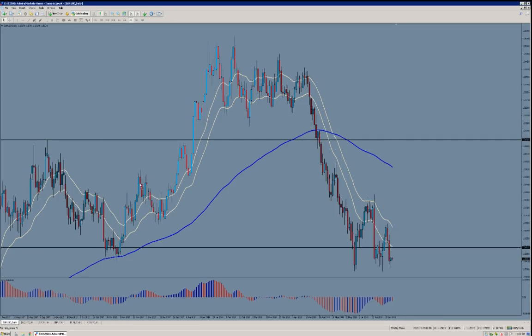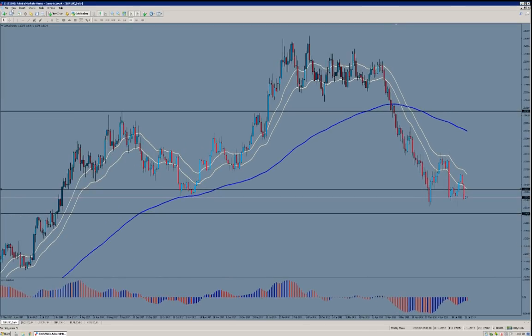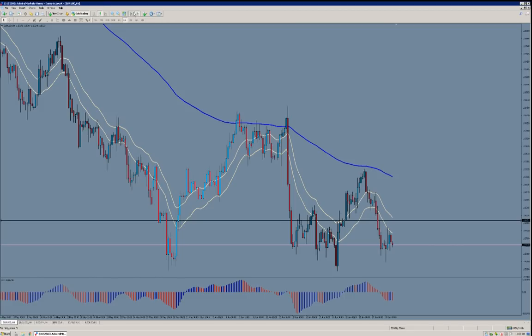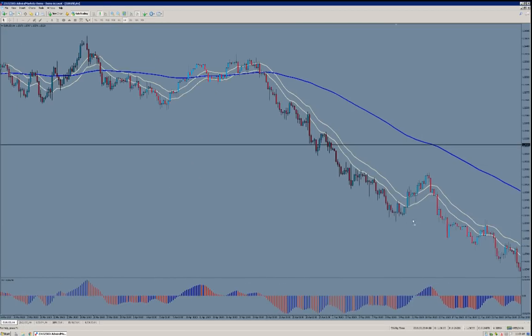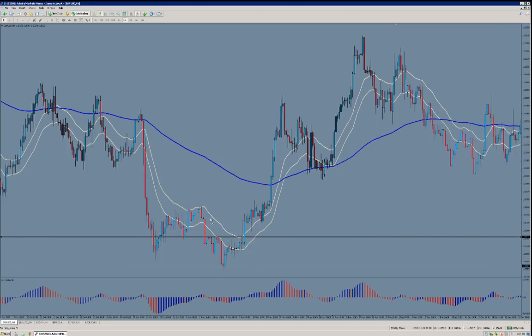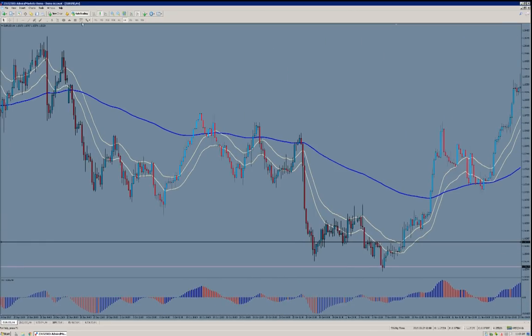Here in this euro-dollar example, during August and September, this was just a pullback in an uptrend. So here the moving averages were still very useful. Of course, on a smaller time frame, it was a range, and they would have been intertwined, and the moving averages would not have been useful.